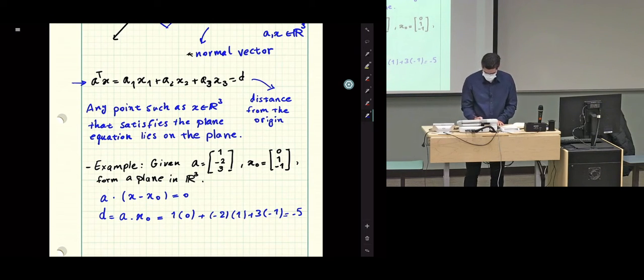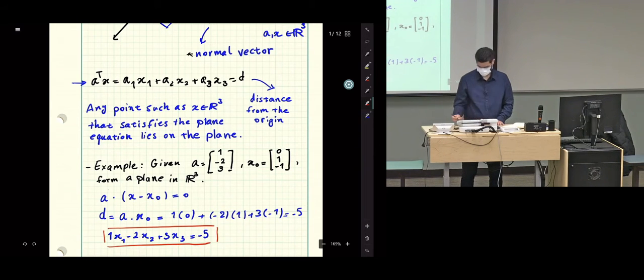Okay, so we have D, and we have our plane. It's 1 x1 minus 2 x2 plus 3 x3 equals -5. This is our plane. Now, your practice is to try to visualize it.